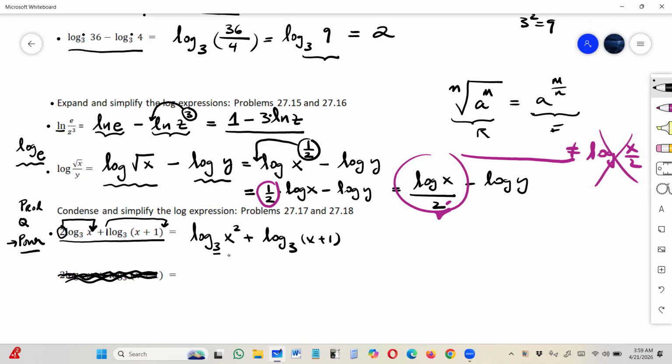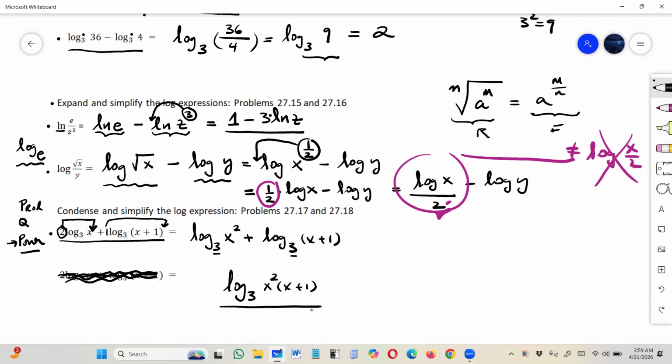And in this case, you can because the logs are the same, the bases are the same. If they were different, you couldn't do anything else and the problem would end right there. But because they are, then I can combine these two into one using the product rule. So this is going to be x squared, x plus 1. And this is my final answer.